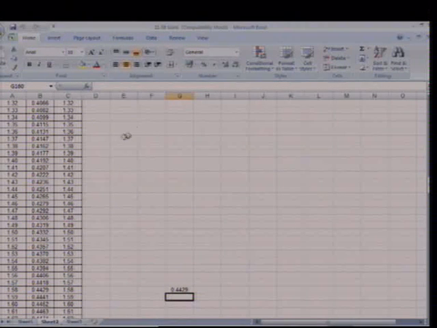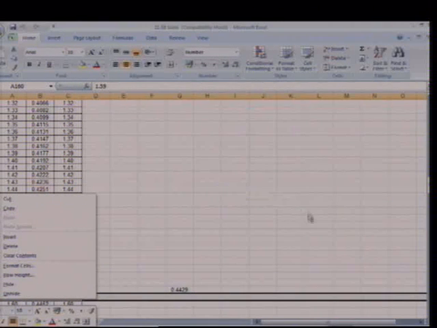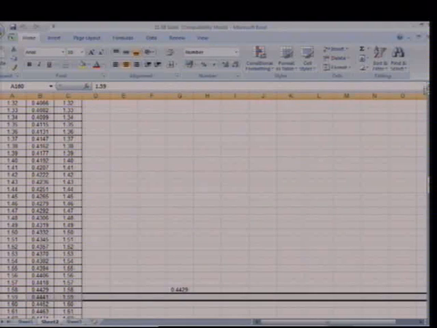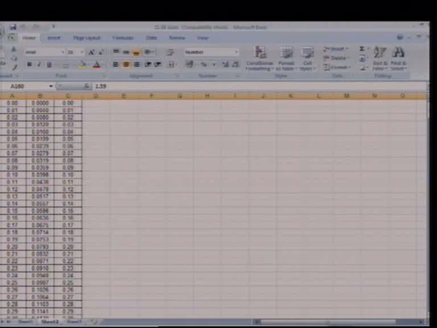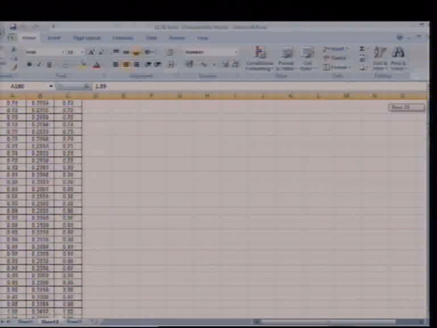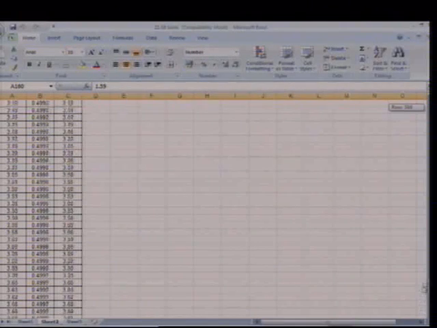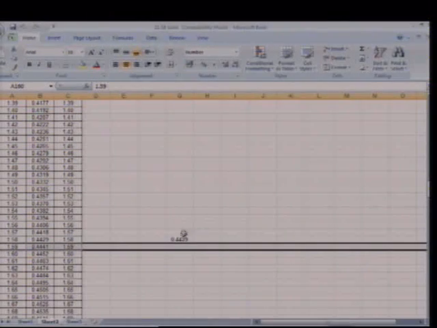Instead of giving it in a tabular form, I have taken all the Z values from A1 to A370, and the corresponding area, the probability, in column B up to 370.